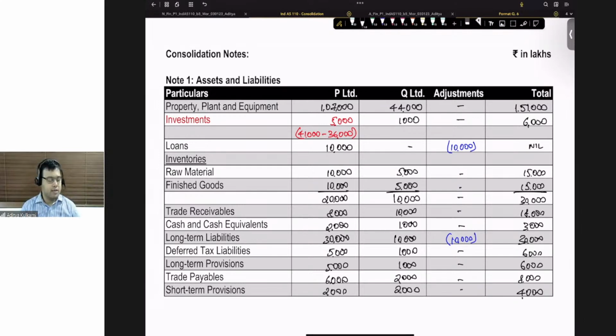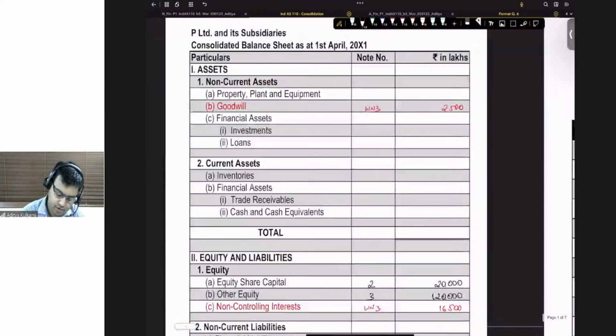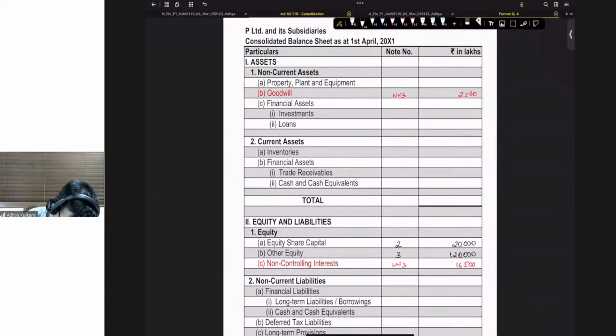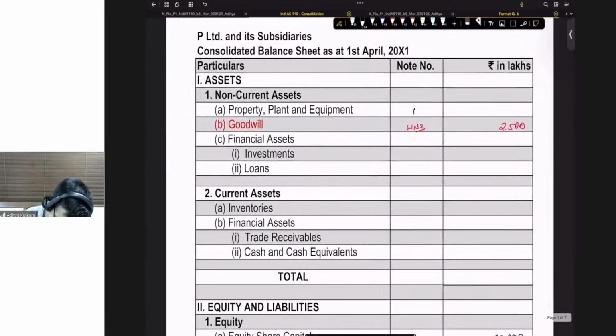And now what you need to do is you just need to post it in your balance sheet. That's it. So I hope you are done with this. So all of them will have note number 1 as the reference.